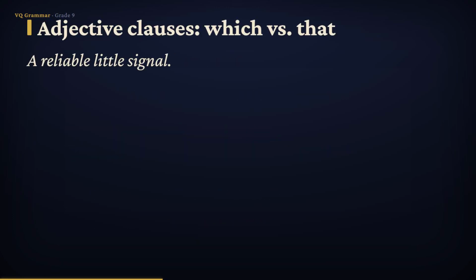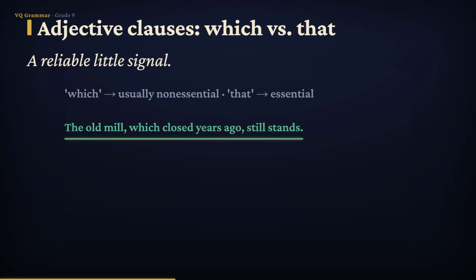Adjective clauses hand you a handy shortcut. As a rule, a clause beginning with which is non-essential, and a clause beginning with that is essential. Watch it work. The old mill, which closed years ago, still stands. That which clause is just added history. Lift it out, and the old mill still stands.